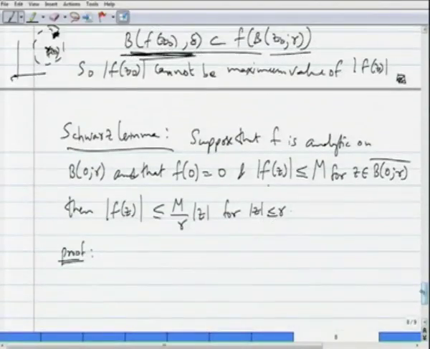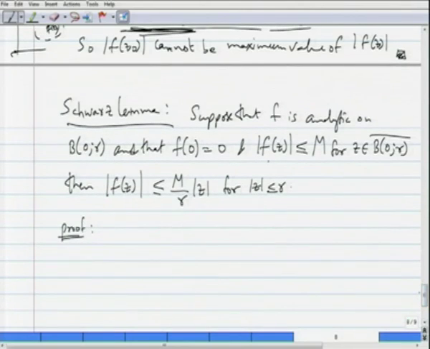So, on the compact set G closure, the modulus of f has to have a maximum, and the maximum cannot occur in the interior of G closure, namely G. So, the modulus of f has to have a maximum on the boundary whenever G is bounded. So, the Schwarz lemma is something along that line.